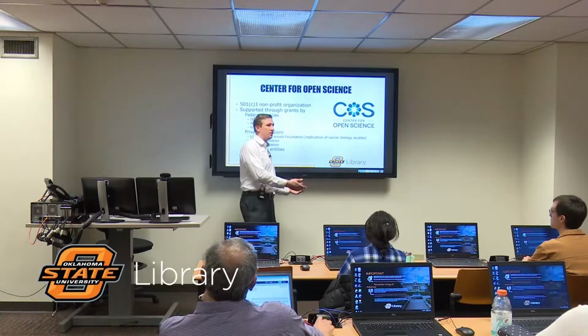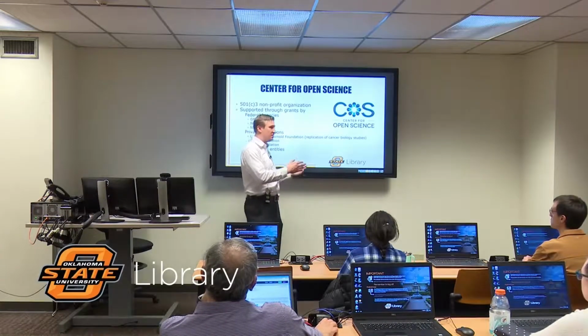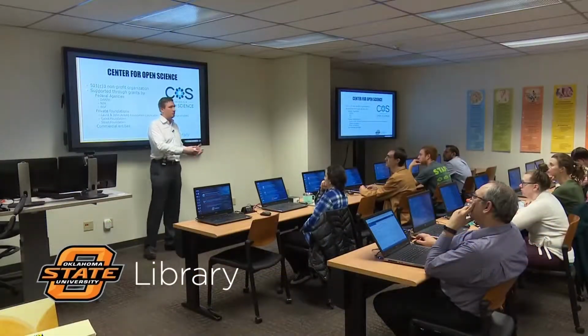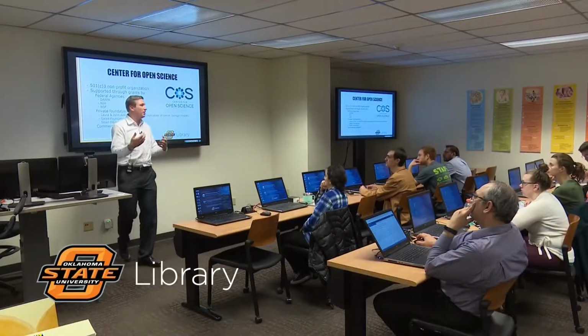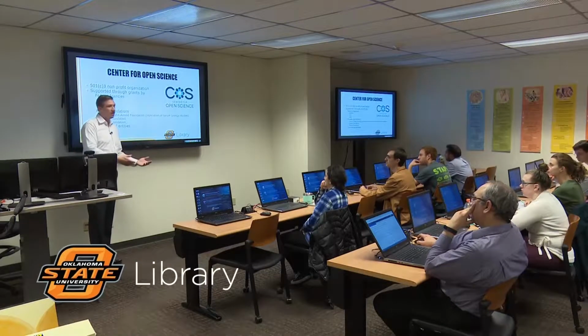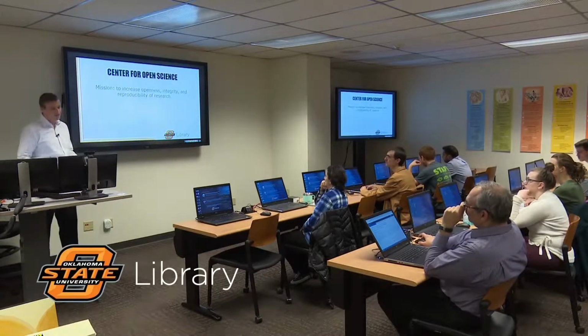If someone comes along with a similar study, they can point them in the direction of this study and say, take a look at their data, their workflow, their materials, and maybe you can branch off from that. Maybe you can run analysis on data that they've already collected. So that's their interest in supporting the Center for Open Science.